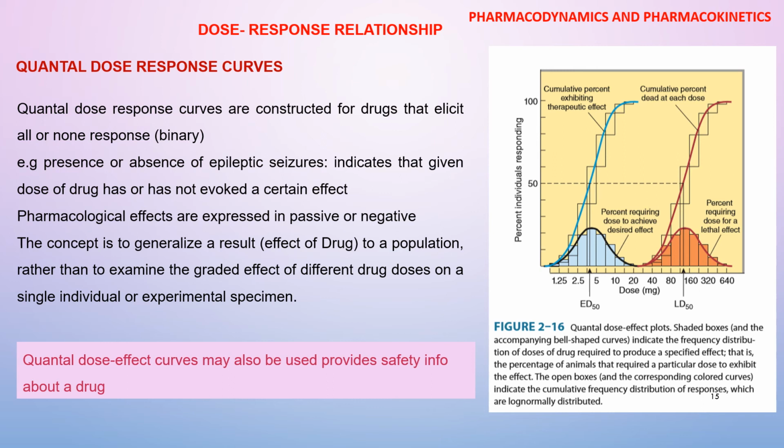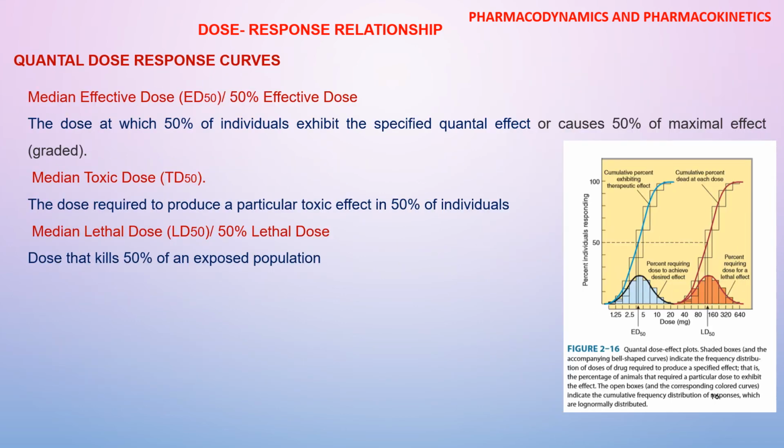The bell-shaped curve indicates the frequency distribution of the doses of drugs required to produce a specific effect. The quantal dose response curve can be utilized to calculate the median effective dose, the median toxic dose, median lethal dose, and also the therapeutic dose.